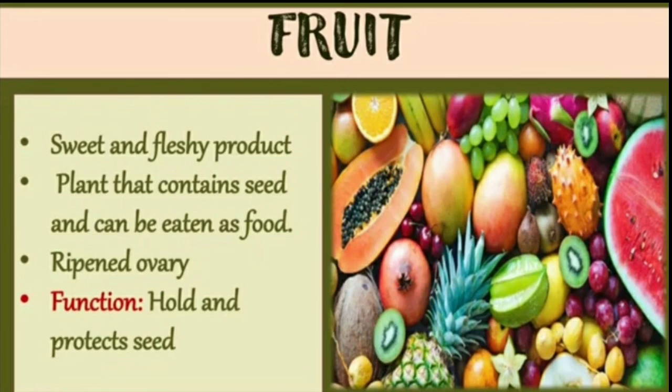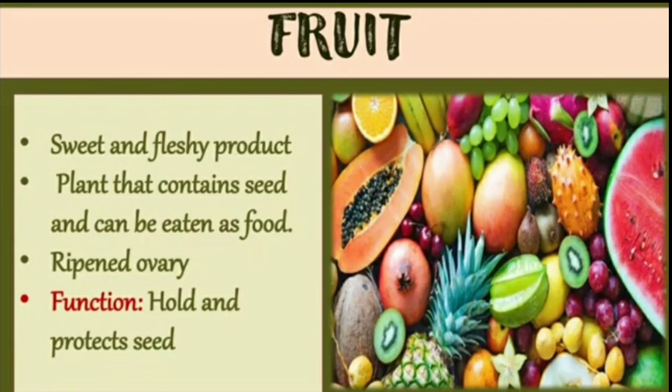There are varieties in their shape, color, taste, etc. They are sweet and fleshy products, plants that contain seeds and can be eaten as food. Their ovary is ripened, and their function is to hold and protect the seeds.